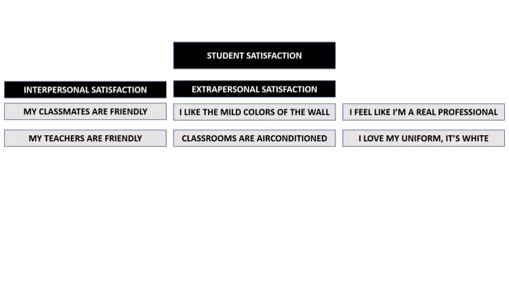We also have the extra-personal satisfaction, which is a satisfaction between the person feeling it and an object. The last one is intrapersonal satisfaction, justified by the statements, I feel like I am a real professional. I love my uniform, it's white. It's a satisfaction felt by oneself.